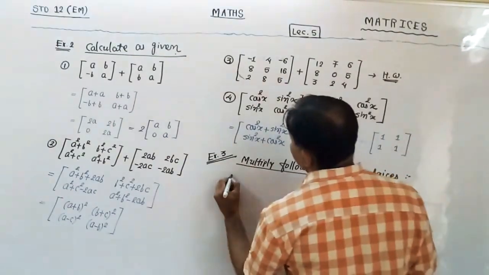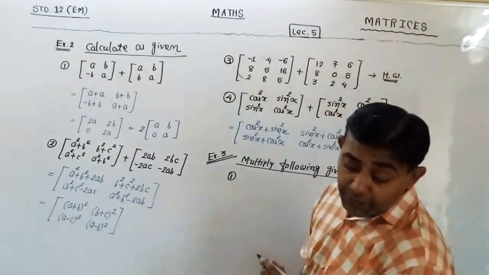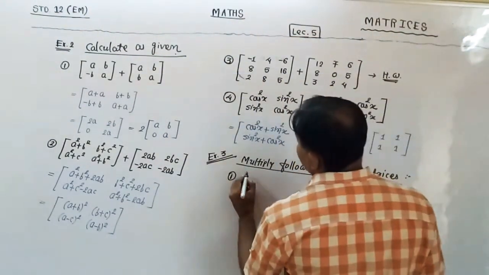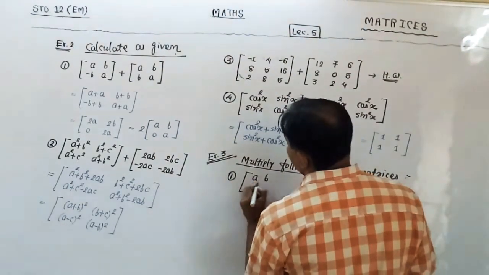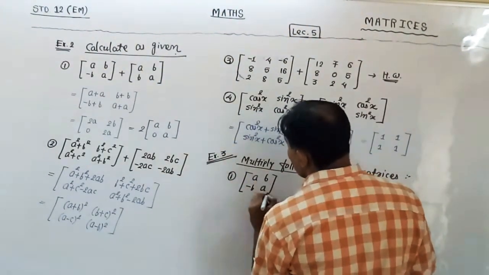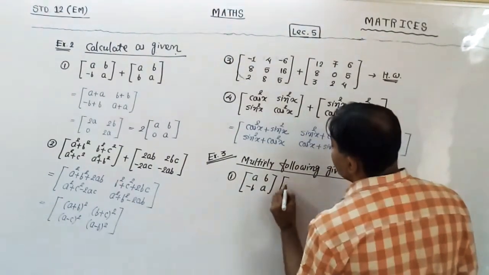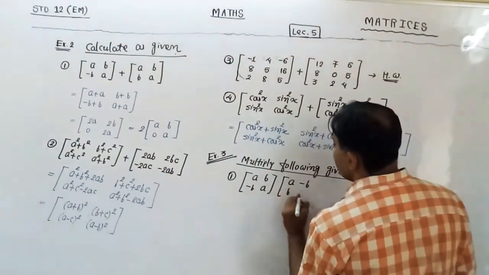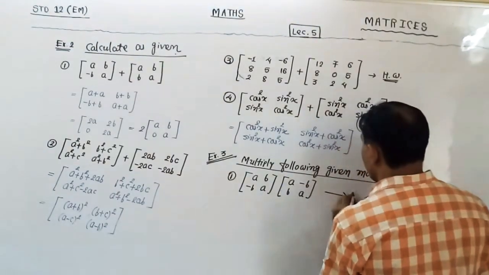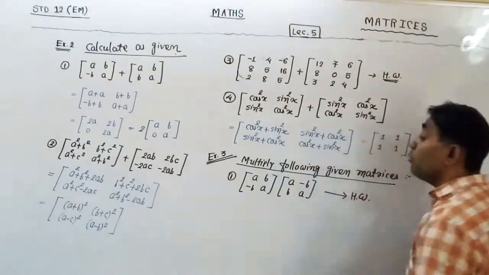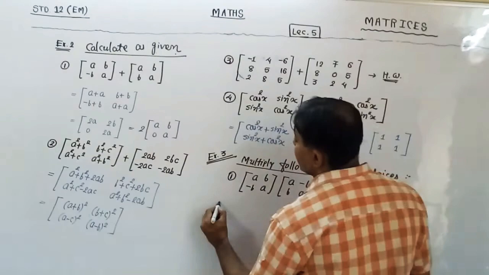The first one is again very simple: AB minus BA into A minus B, BA. So this multiplication you have to solve yourself in homework.